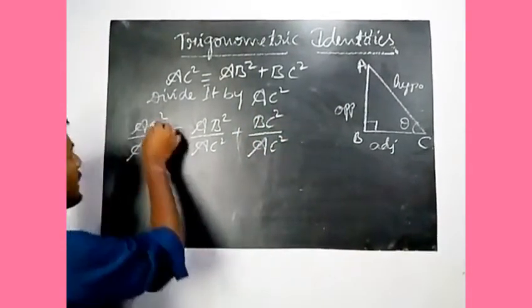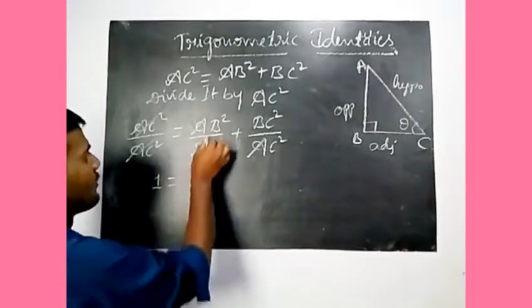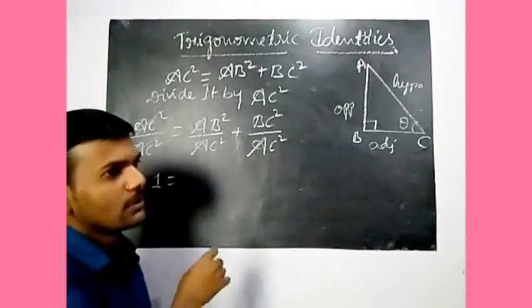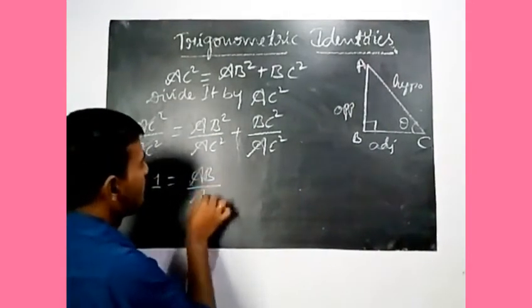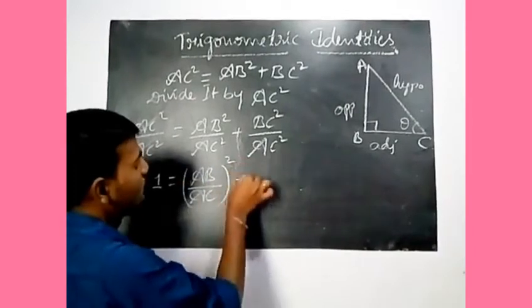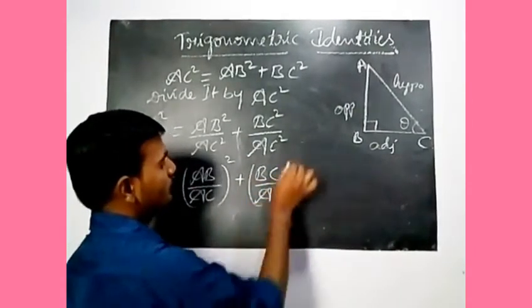AC square by AC square cancels and becomes 1, and since the powers are the same, we can write it as 1 is equal to AB by AC whole square plus BC by AC whole square.